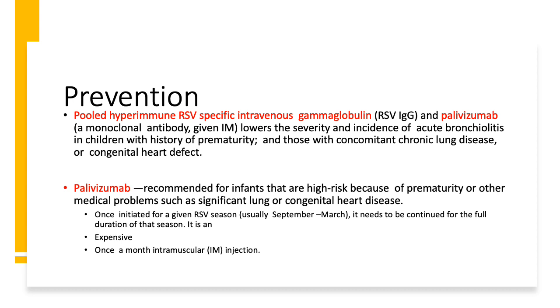It is an expensive drug and it needs a once a month intramuscular injection. So, pros and cons should be weighed and then it should be decided whether these preventive measures should be given to a particular infant or not.